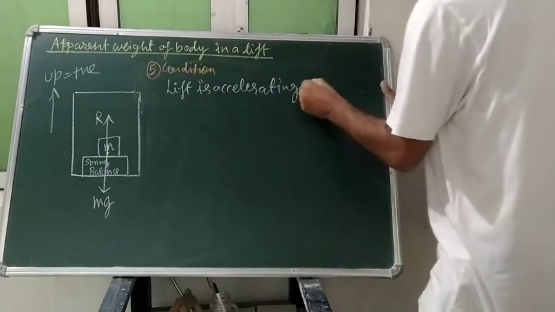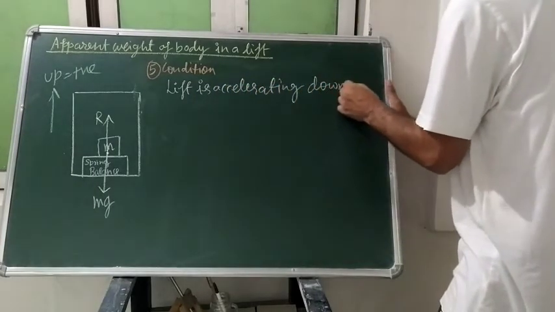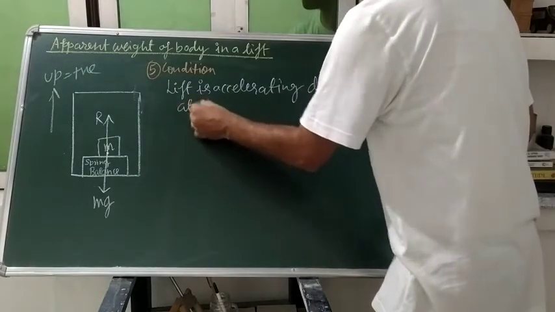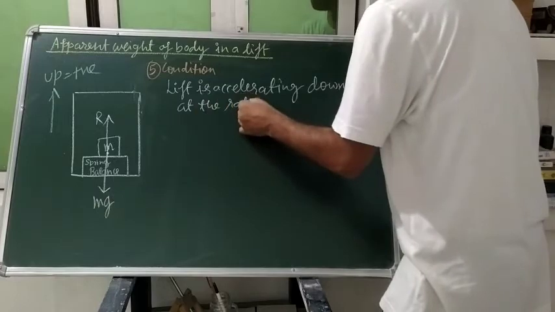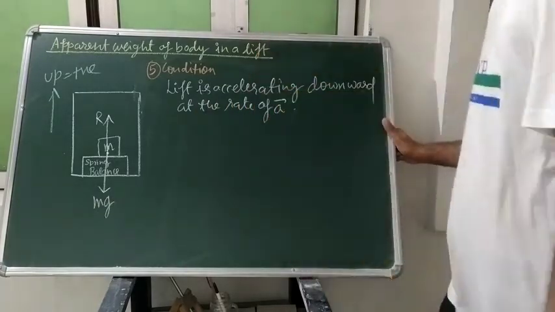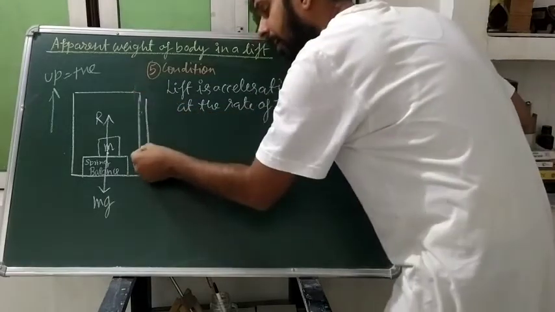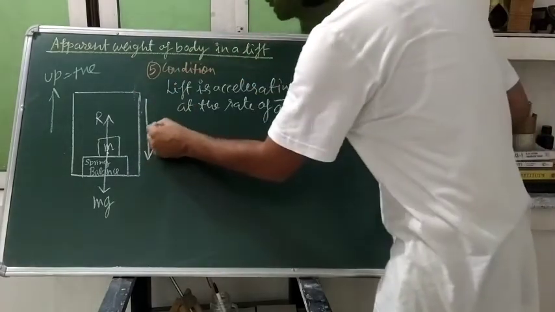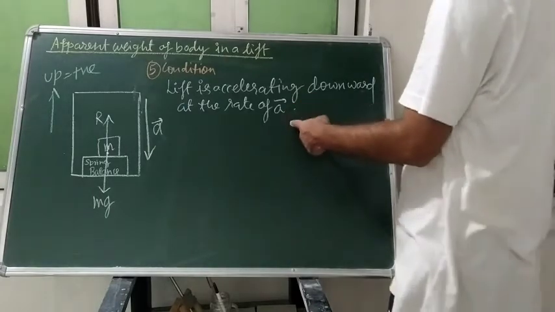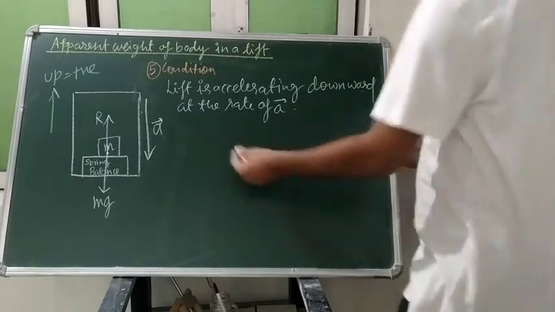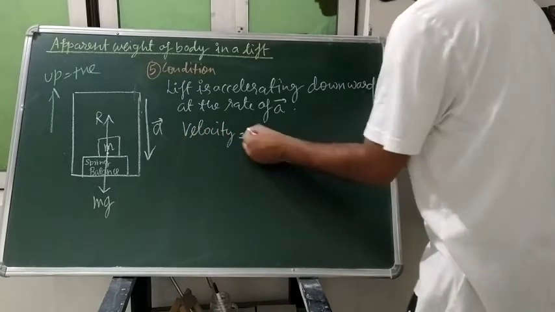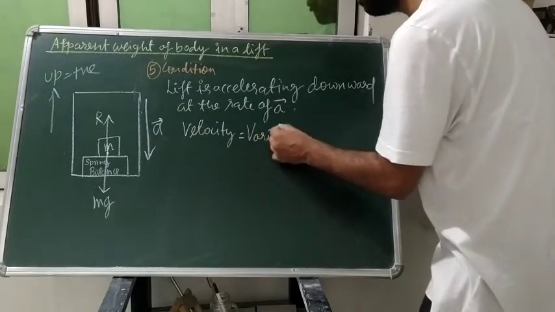Now it is accelerating downward. The lift is accelerating downward at the rate of a. So it is accelerating in the downward direction, and the rate is a. Velocity is variable. It is accelerating, so velocity will be variable.